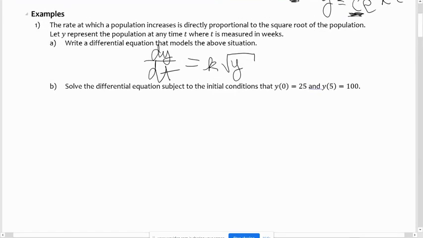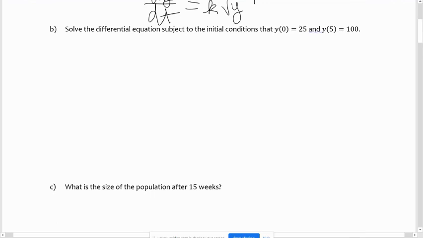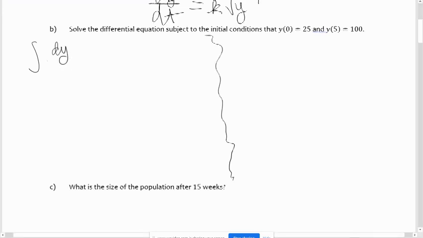Now we want to solve this differential equation. I didn't leave you a lot of room here, so we're going to have to kind of split this in half. All right, so we're going to do the antiderivative of dy. And I'm going to bring the y's over to the left, so I'll divide both sides by the square root of y.